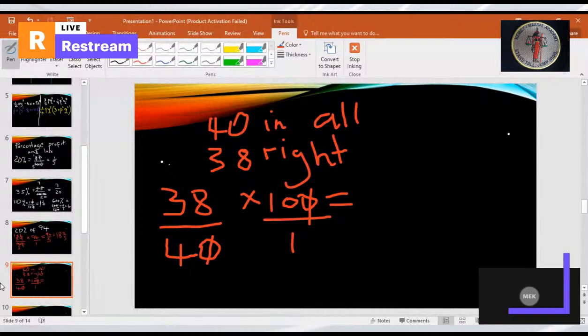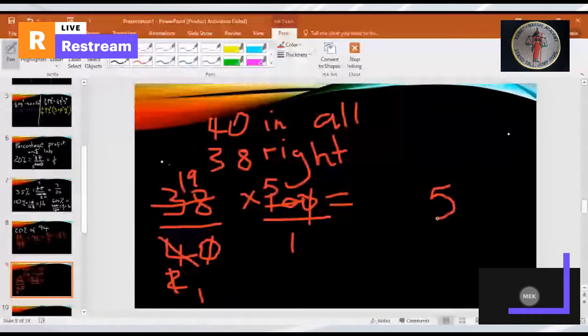Again, we see that we can use 2 into 4, 2 into 38 goes 19. 2 can also go into 10 5 times. So we need now to just times 5. So 5 9s 45, and 5 1s 5 and 4, 95%.